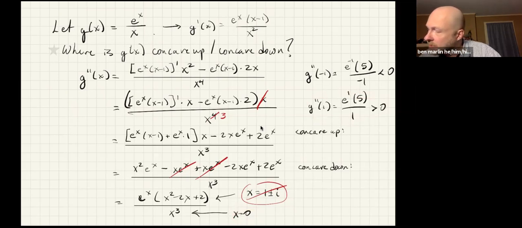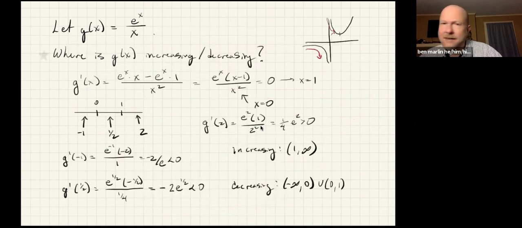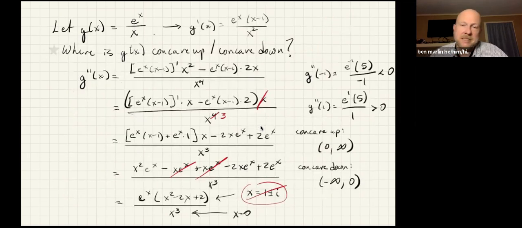And so concave up will be 0 to infinity, and then concave down will be -infinity up to 0. Did I try to draw a picture of this on the previous page? Yeah. See how that picture is curving down here, concave down, and up here, concave up? That's exactly what we've calculated and found out.